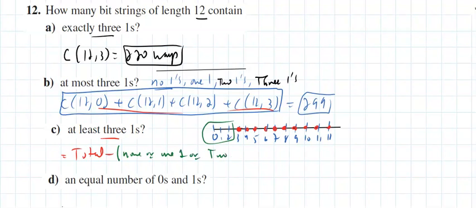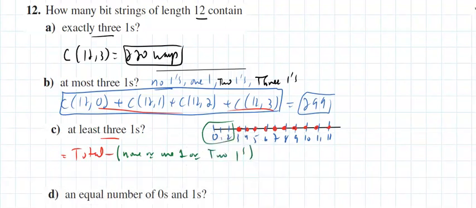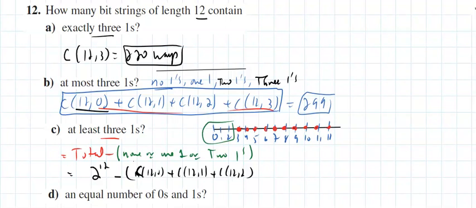So this is really useful for most of the at least. So the total will be, well, that's a string of 12, 2 to the 12, right? Bunch of zeros or ones, minus, and this is none, it's right there, 12 choose 0, or 12 choose 1, or if you have a choice, you add 12 choose 2.